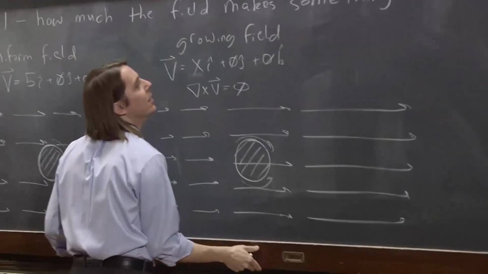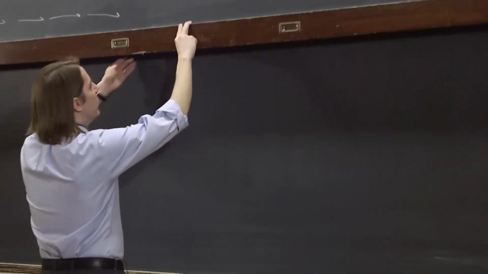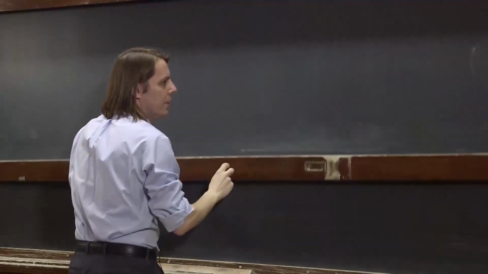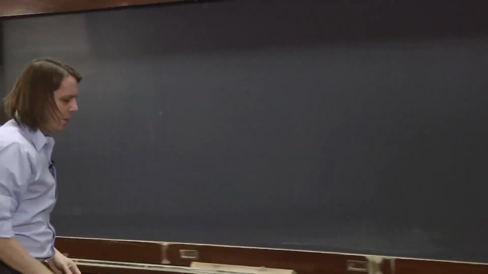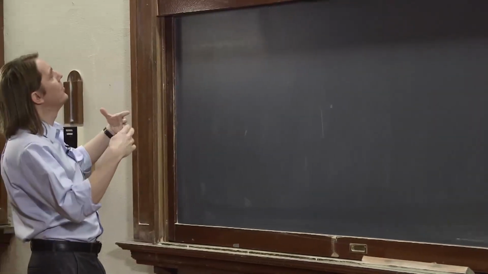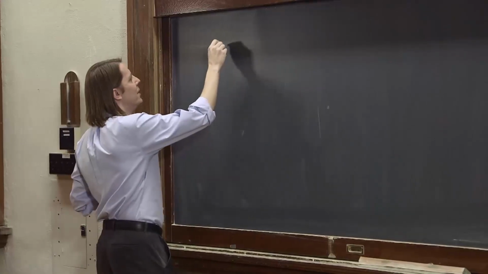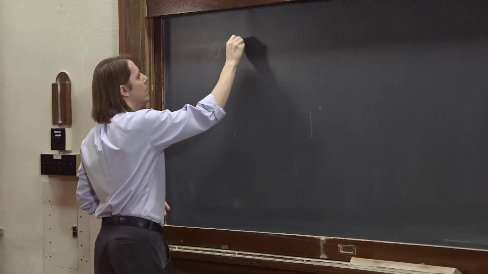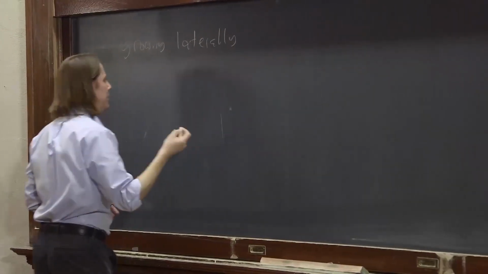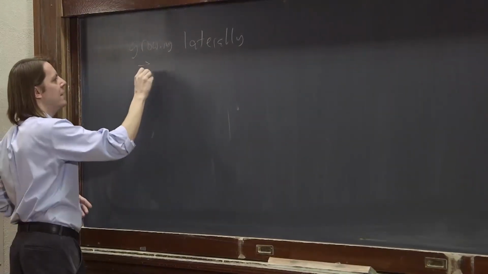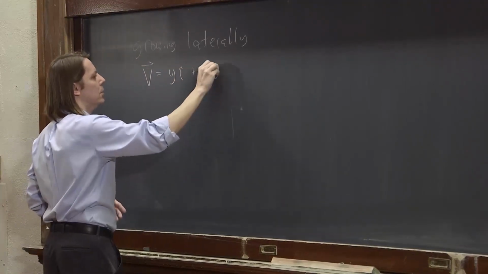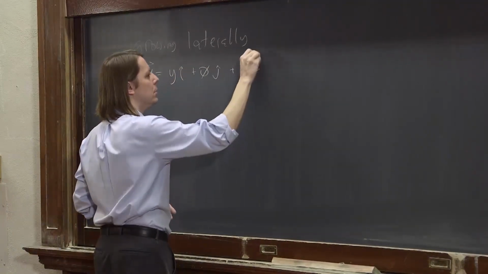Let's do another one. It would seem to make sense to do one that does have a curl. All right. Let's do a field. I don't know what to call it, but I've given the other two names. So let's do one that's growing laterally. And what I mean by that is that V equals y i hat plus 0 j hat plus 0 k hat.